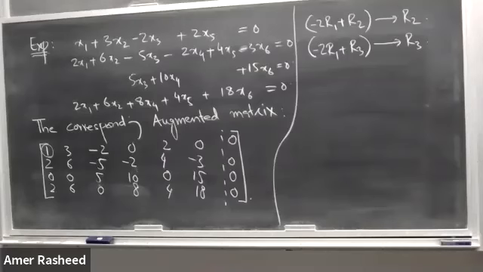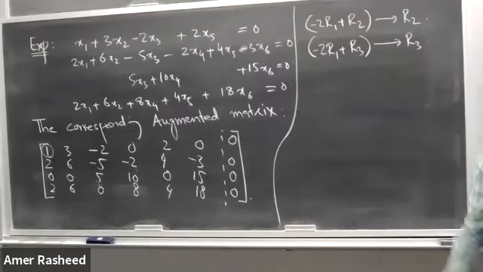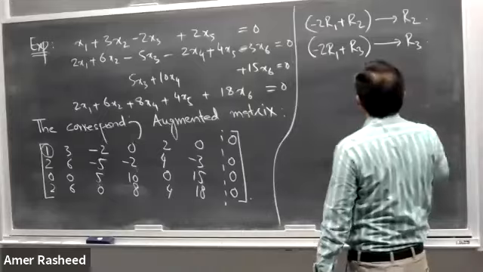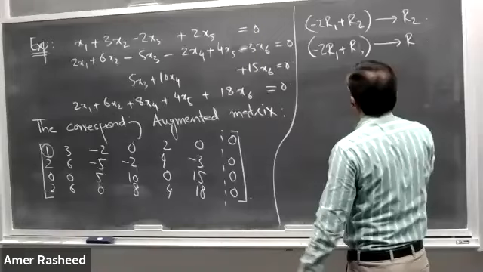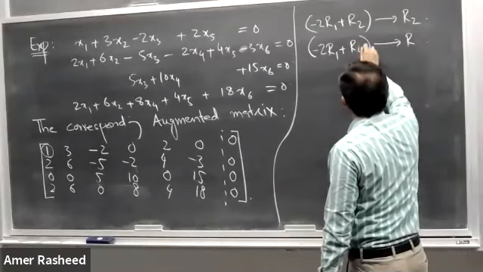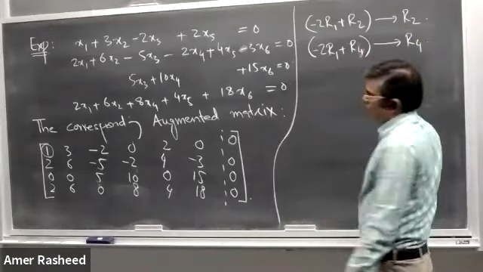Can we switch row 3 and row 2? Yes, you can do it. Actually, it will not be row 3 but row 4 — yes, it will be row 4, thank you. Row 3 already has 0, so we don't need to make it 0. So it is row 4.